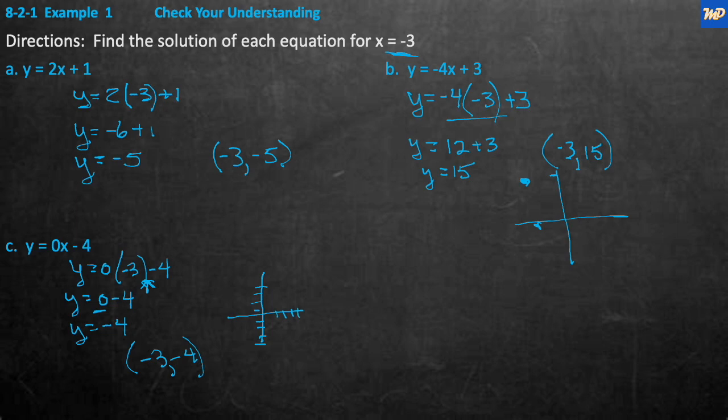The point is, no matter what you put in for x, if you put in a 1 for x, your answer for y is negative 4. If you put in a 4 for x, it's negative 4. If you put in a minus 1,000, it's negative 4. So your answer is always going to be this straight line across here. Always going to be a straight line at minus 4.